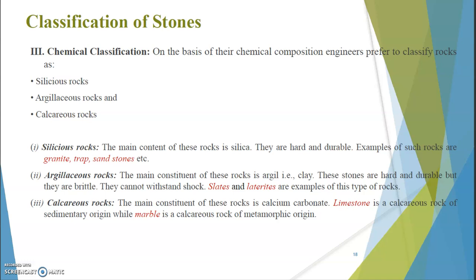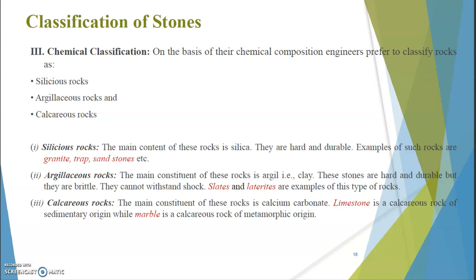So what they are telling is that argillaceous rocks are brittle materials. They cannot withstand shock loading. So slates and laterites can be given as examples of argillaceous rocks. Then calcareous rocks: in the sense that calcium carbonate is available predominantly at a higher level.